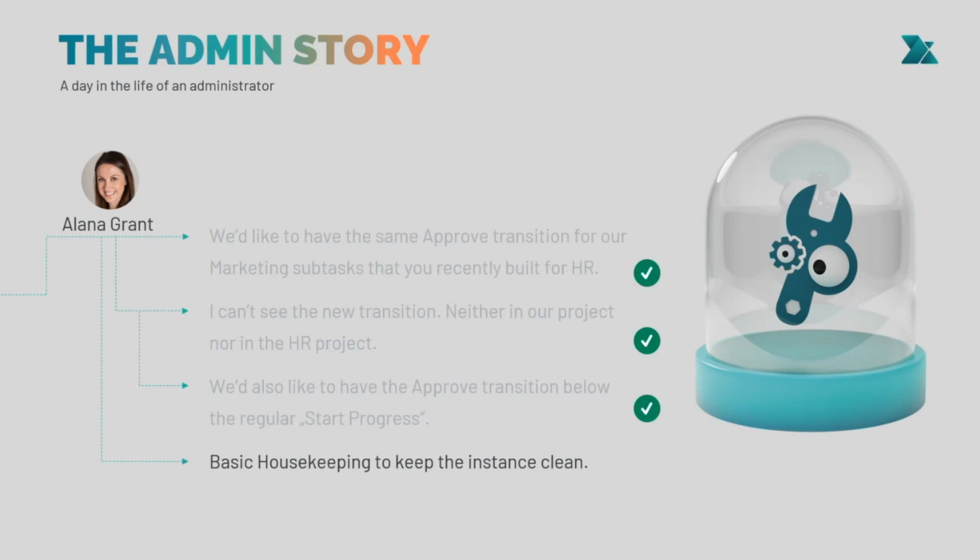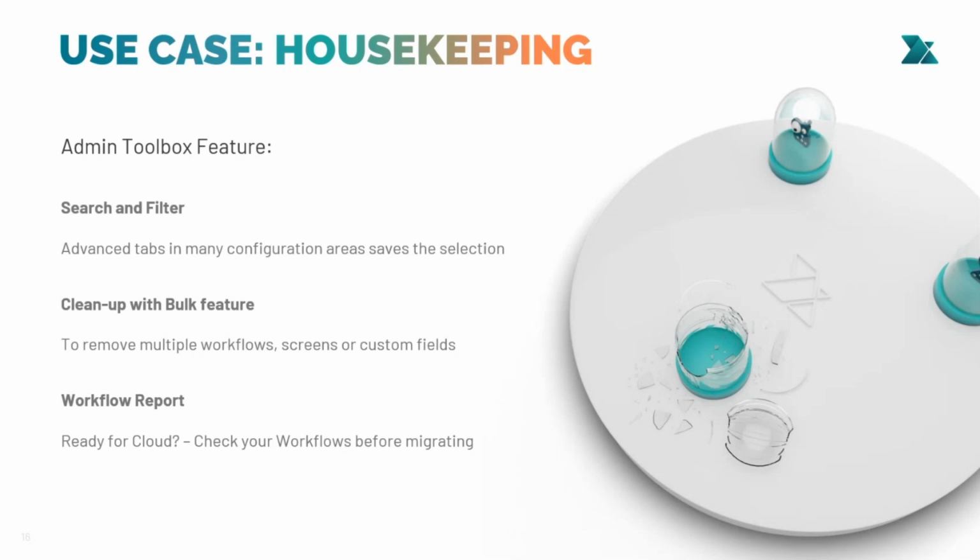Okay. Alana Grant reported everything's fine now, but we have still some things on our list. So basic housekeeping to clean up the instance is now our final task. And for that, we have another few features. You've already seen the search and filter for the advanced tabs in many configuration areas that also save the selection.